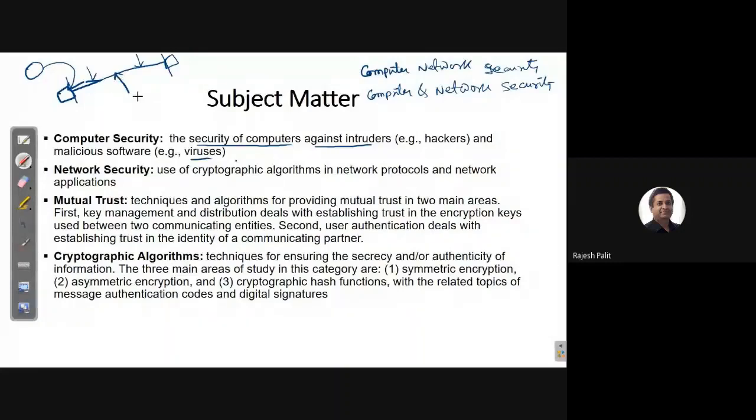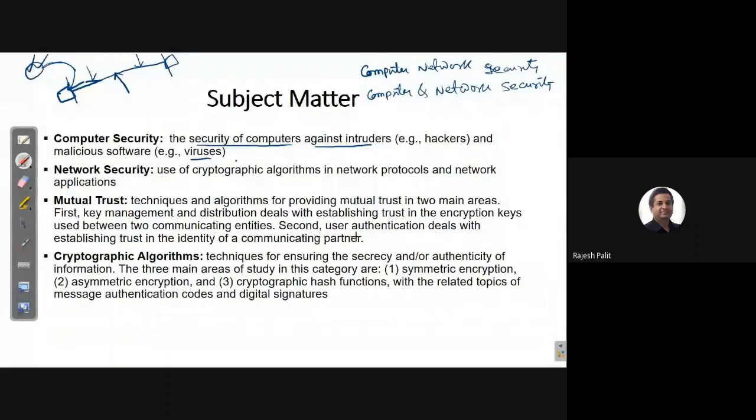In public key cryptography, some government organizations assign and distribute keys. For that purpose, we need to trust these organizations. If they are corrupt, then everything will be corrupted.